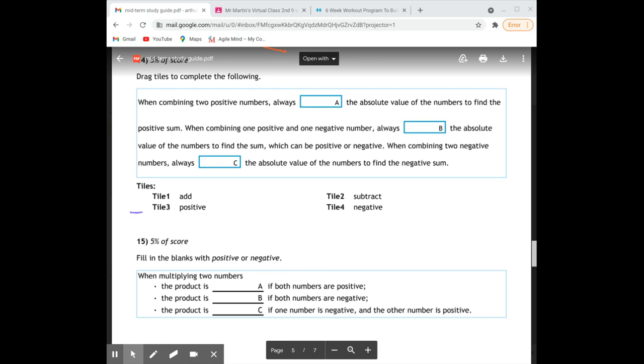I need you to read question number 14 for us. And I want you to try to solve part A. So you start at where it says when.